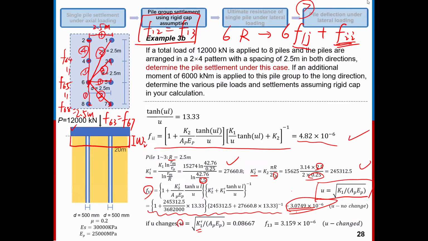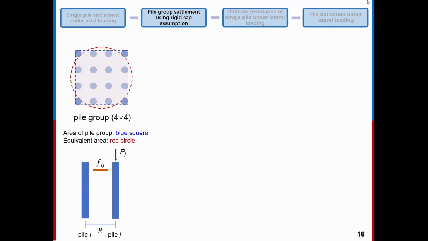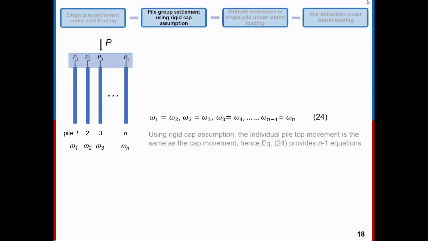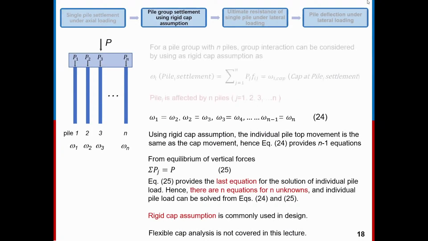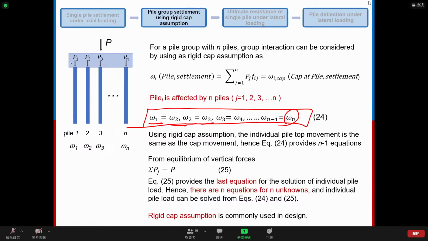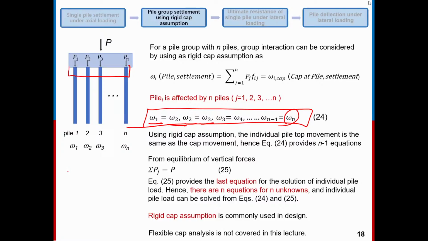As you still remember, in this slide, we discussed the same thing. Based on the rigid cap assumption, we have omega 1 equal to omega 2, omega 2 equal to omega 3, until omega n, they are all equal because of the rigid cap assumption, or we can say it is an equal strain assumption.